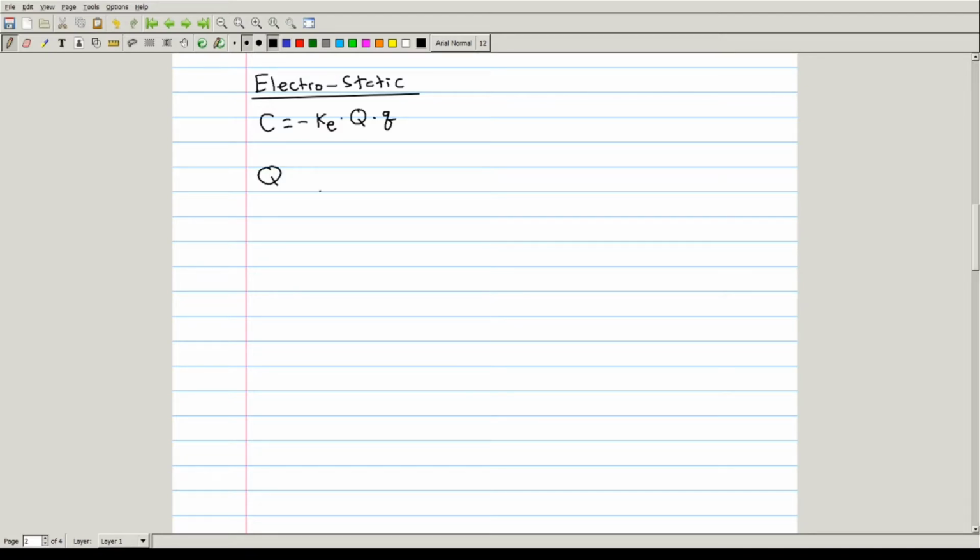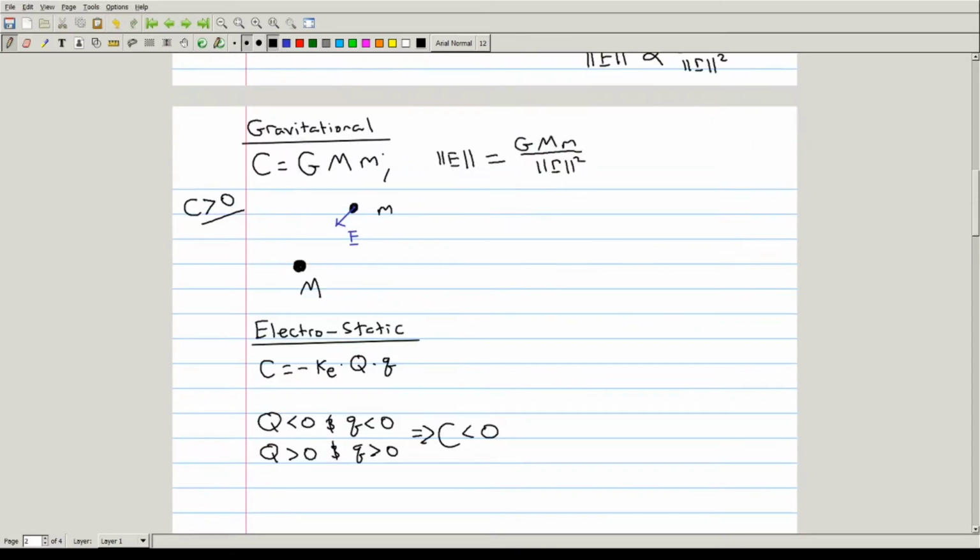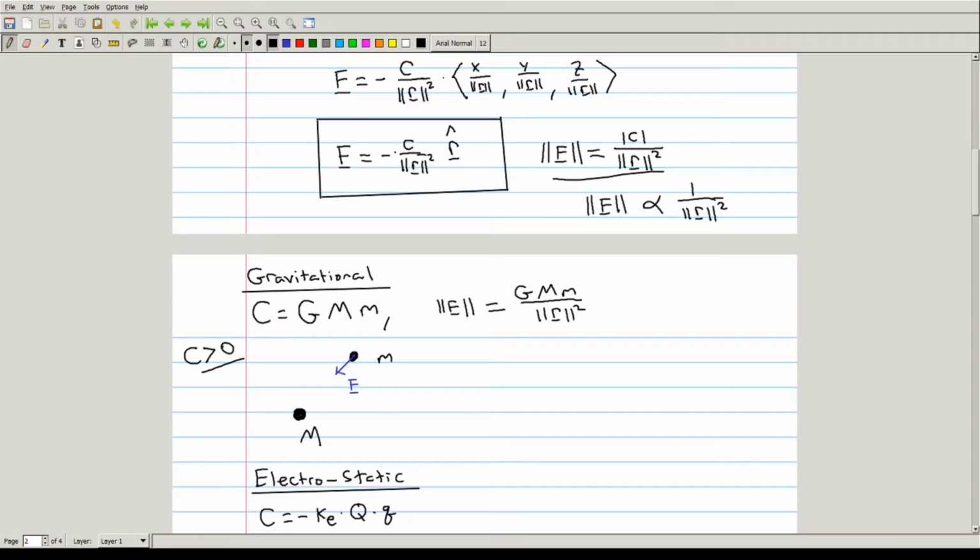If charge 1 is negative and charge 2 is negative, or if charge 1 is positive and charge 2 is positive, this gives us that C itself is negative. And if C is negative, this is going to be good because this negative sign cancels this negative sign.